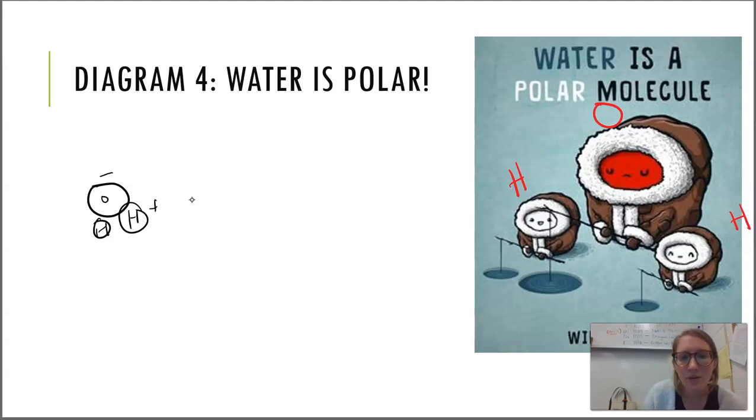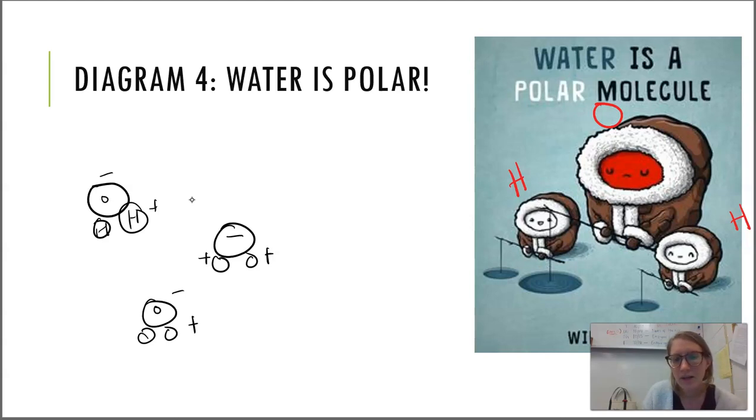Okay, if we had a lot of them, oxygen, hydrogen, so that's negative and positive, oxygen, 2 hydrogen, negative, positive. You could see that this oxygen atom is negatively charged and the hydrogen is positively charged because again, it's a polar molecule. The negative and positive charge, it's not neutral throughout the whole thing. There's one side that's negative and one side that's positive.